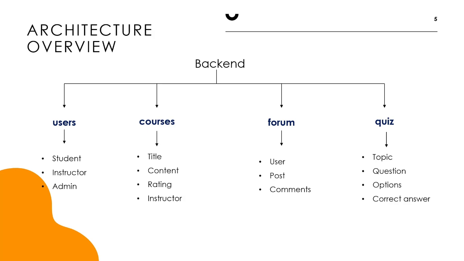Let's look at our backend. We structured the server into multiple Django apps like courses, users, forums, and quiz. Each app has its own serializers, views, and models. We used simple JSON web token for authentication with custom user roles like admin, student, and instructor. All protected routes check permissions to ensure proper access.